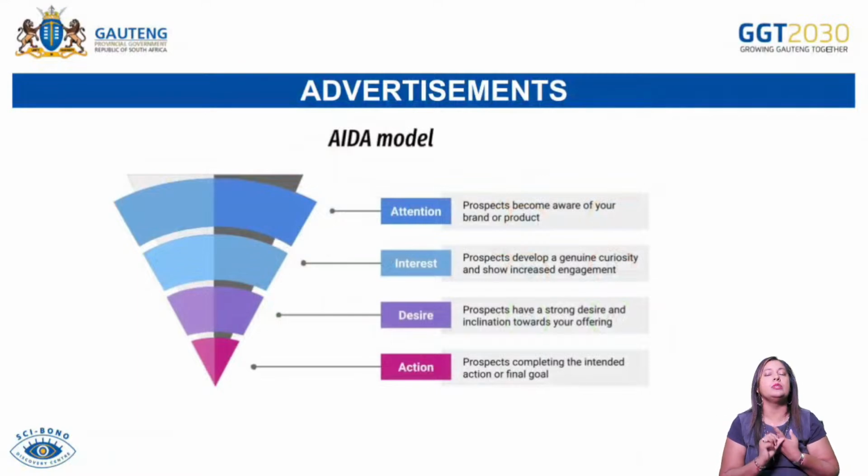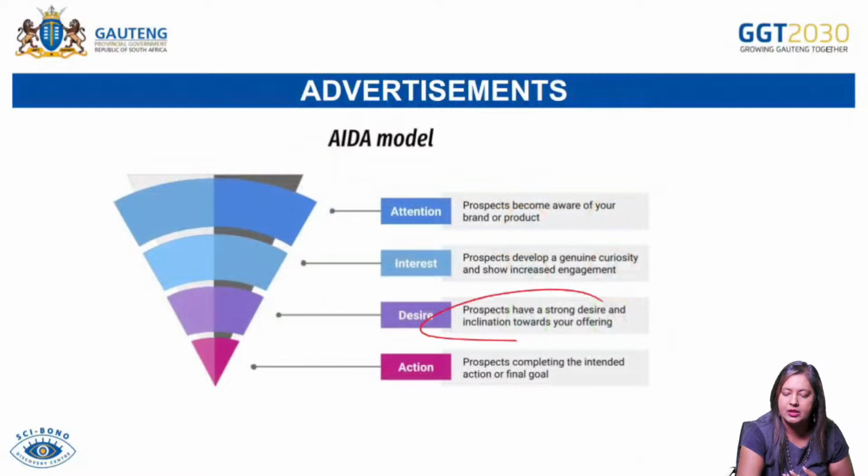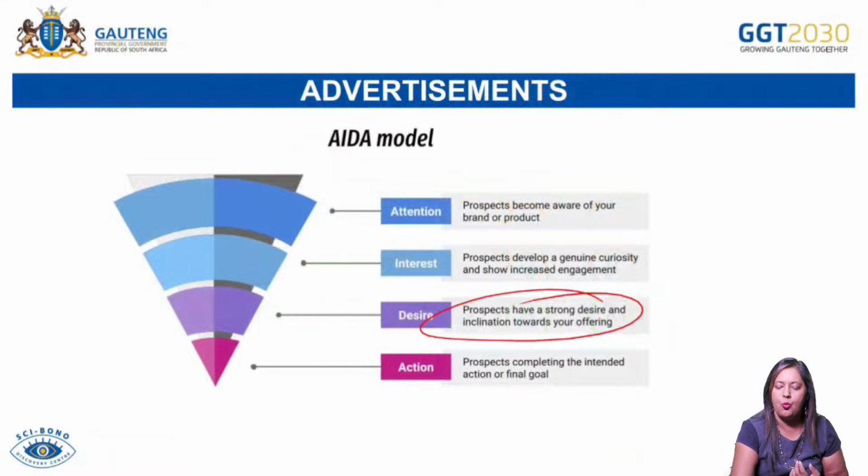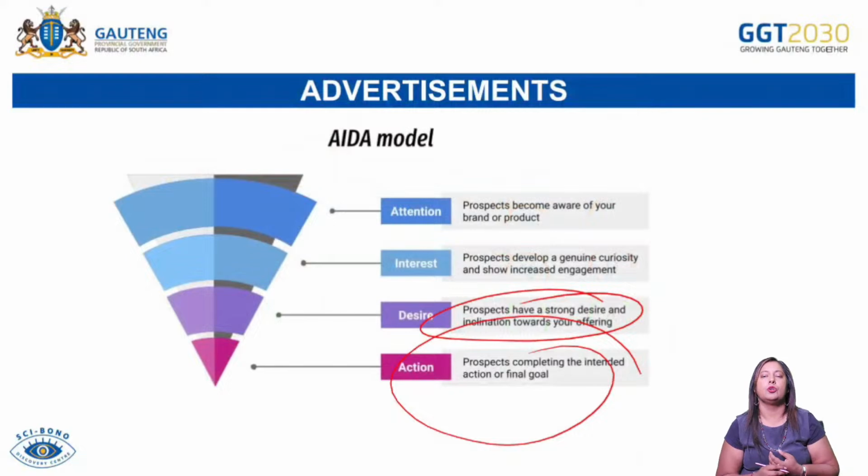We're then dealing with desire, the impact that this particular advert had on me. Did it make me have a strong desire to move towards something, or to do something or not to do something?